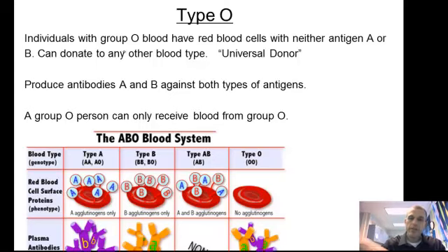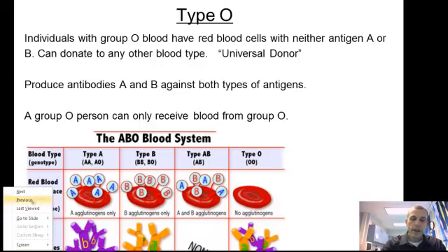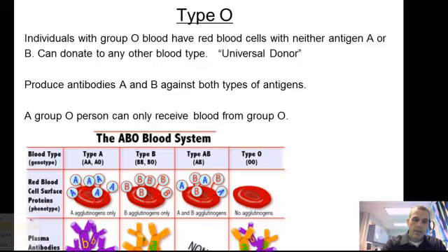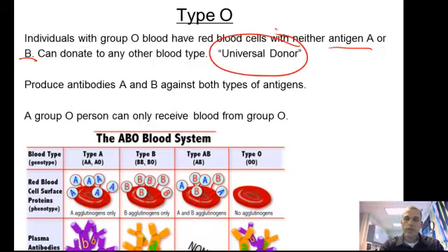Okay, now the type O person. A type O person has neither antigen A nor B, so they have no antigens. They're referred to as the universal donor. The reason is that if you do not have any antigens, a type A person, type B person, or type AB person will just recognize the blood you give them as their own, because you don't have any foreign antigens within it.